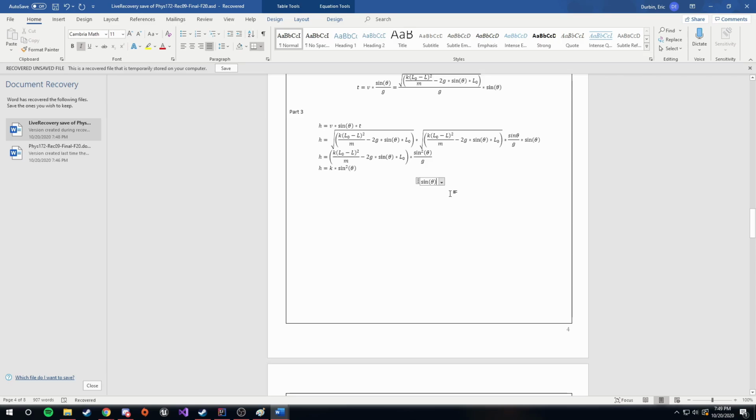So the equation editor does a lot of fancy stuff. If you do m over g and hit space, it fixes it. Before you do that, if you do squared, because if you do s squared and hit space, it does this, but it doesn't know how to take precedence.